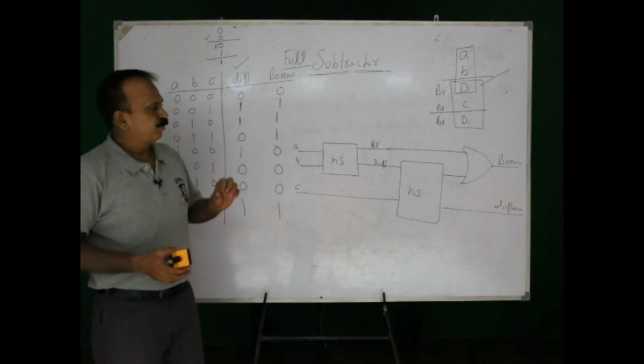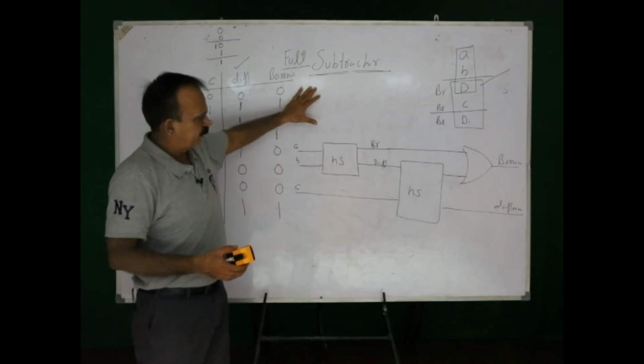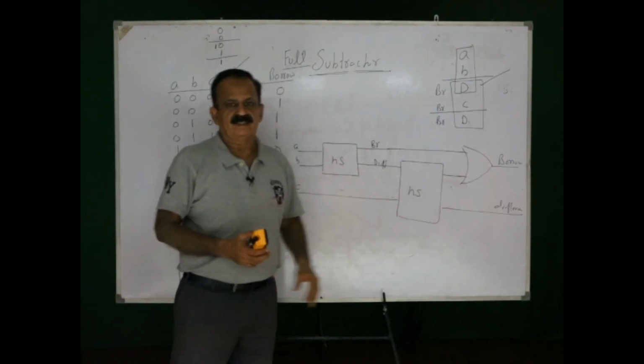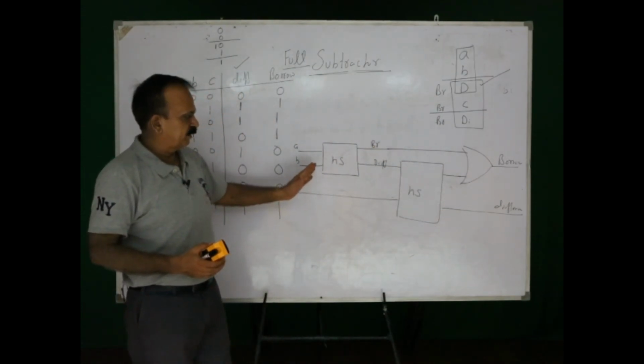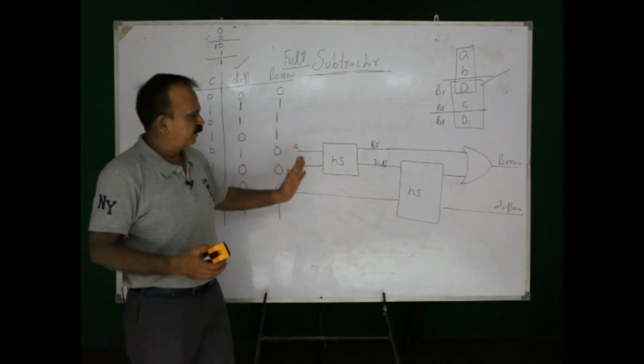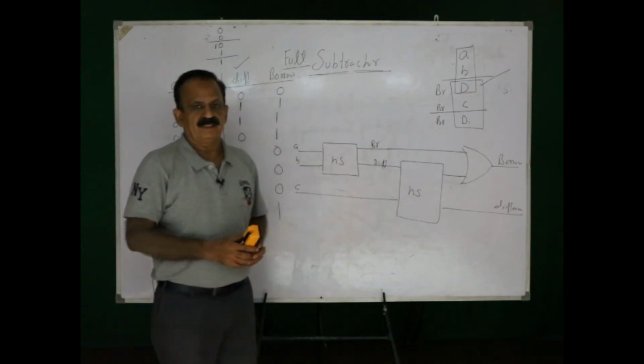Another question can be: how can you implement the full subtractor with the help of half subtractors? So yes, this is the case where we can implement the full subtractor with the help of half subtractors.